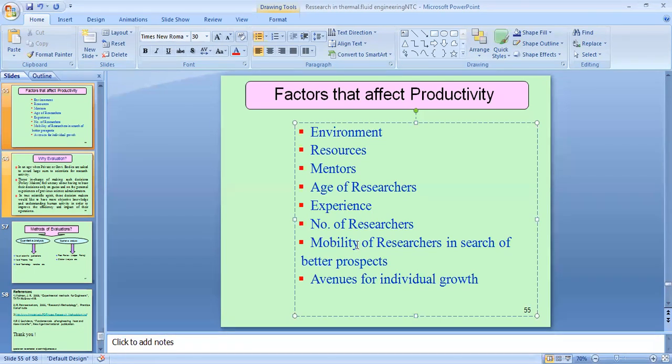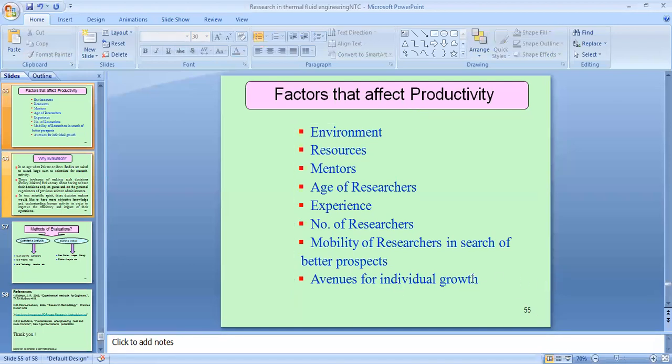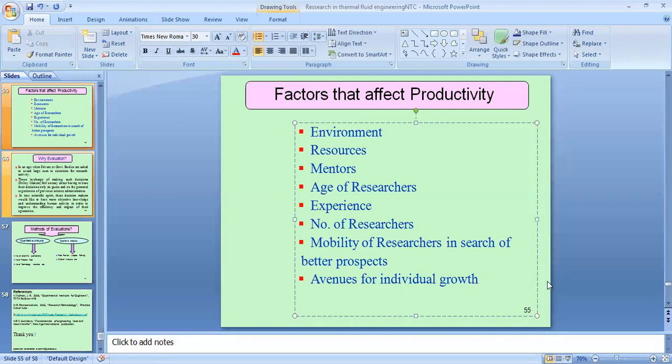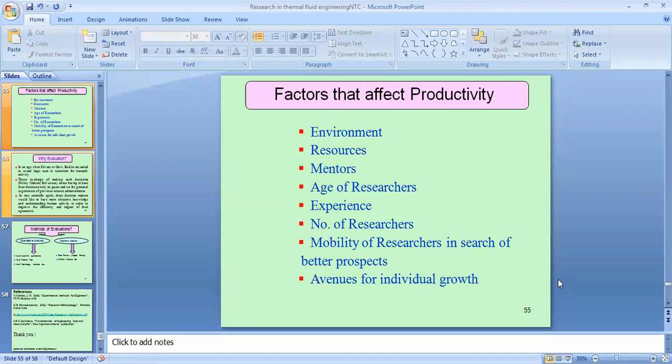When he changes the job, it will affect the research project. So mobility also affects the research. Then avenues for individual growth. If there is growth after doing the research or completing the project, productivity will increase fast.